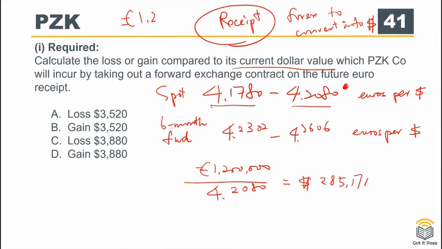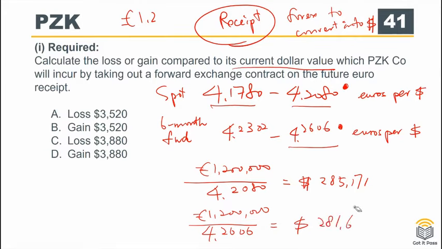for this spot rate. And for 6-month forward rate, the same principle. So I will adopt this number to convert euros to US dollar in 6-month forward. It is 281,650.